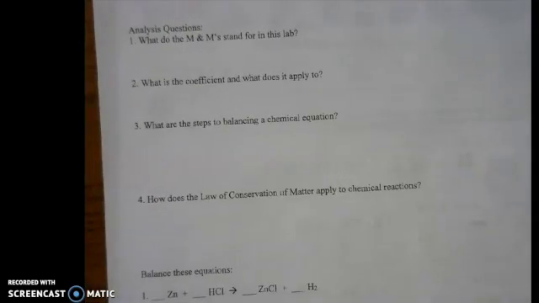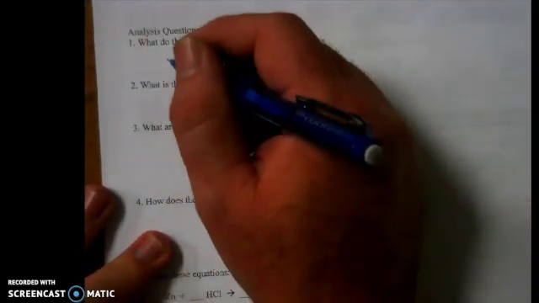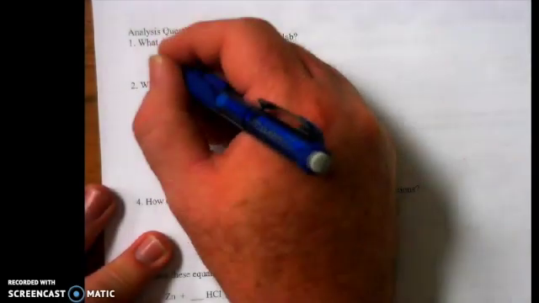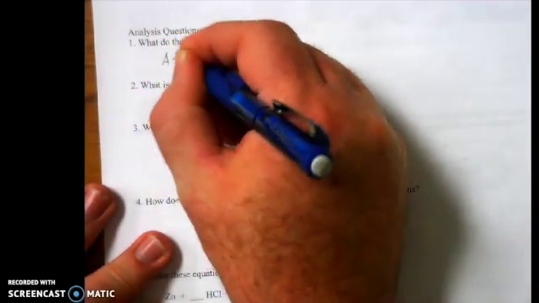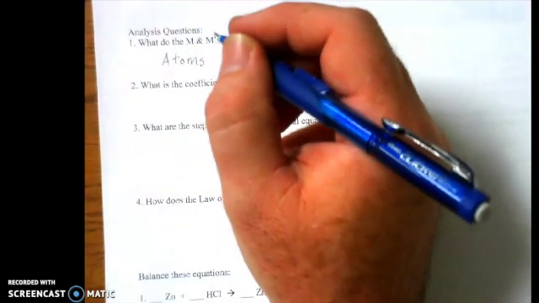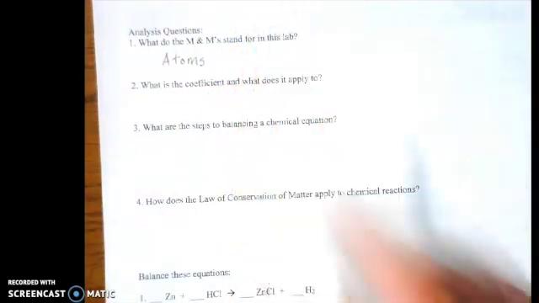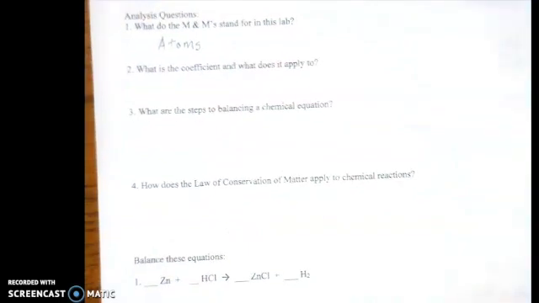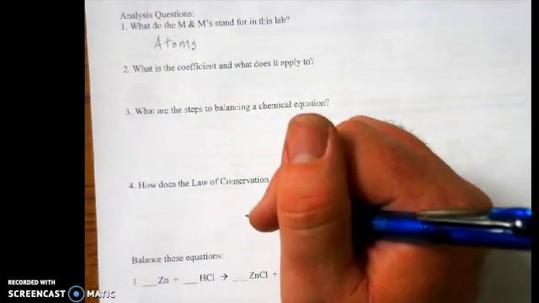So what did our candies represent in this lab? Each candy was an atom. So we moved those atoms around to show that none were created or destroyed. We just kept moving them around. We always had as many atoms at the end as we started with.